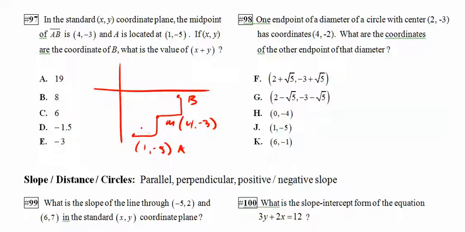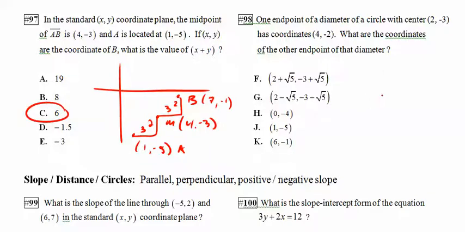From 1 to 4 is 3 over, from -5 to -3 is 2 up, so 3 further over puts me at 7, and 2 further up puts me at -1. They ask for x plus y, so I've got to make sure I give them what they asked for. 7 plus -1 is 6.